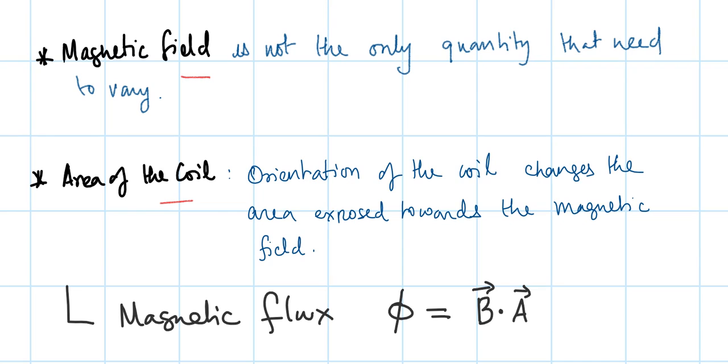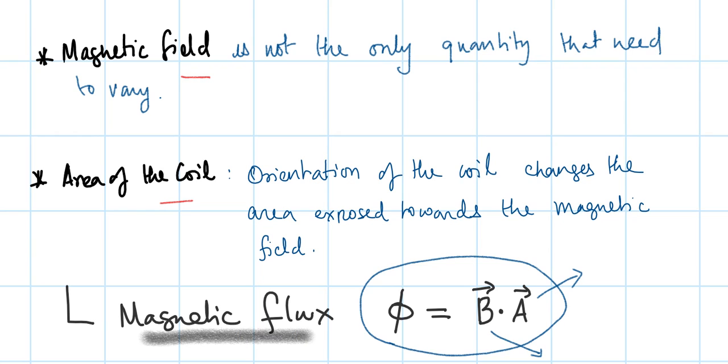So what is the peculiarity of this quantity? This quantity has incorporated the area vector and the magnetic field intensity. Now, the quantity magnetic flux itself is a scalar quantity. Magnetic flux is a scalar quantity.